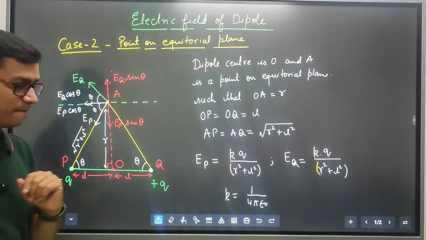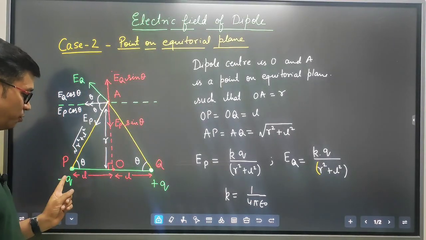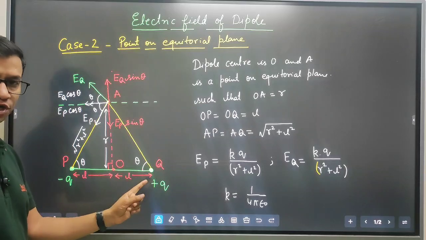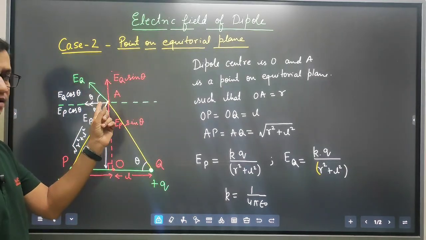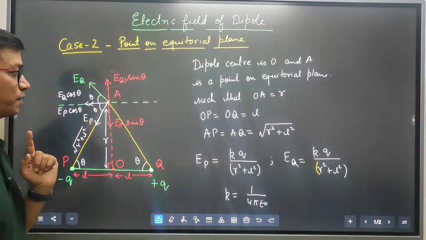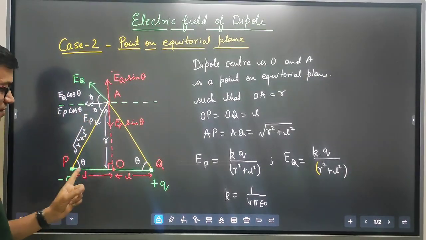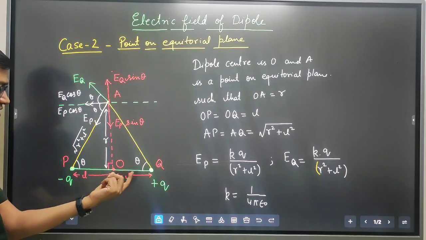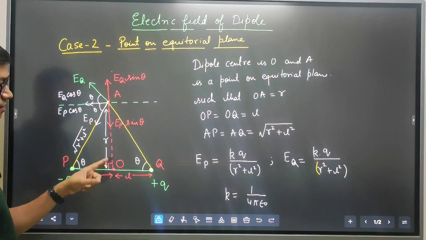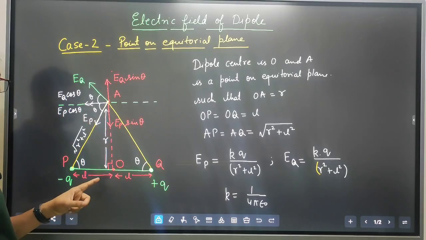The approach would be the same: we will calculate the electric field of this point charge and this point charge at this place, and do a vector sum. This distance is total 2L, so this is L, this is L. The point is at a distance R from the center of the dipole.